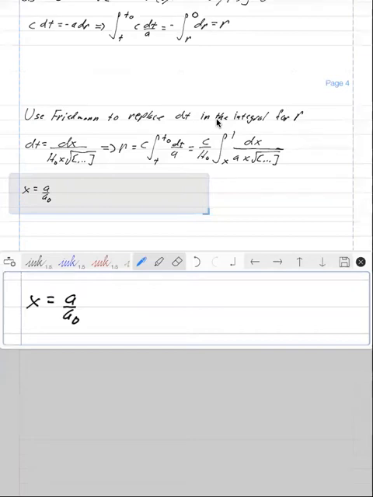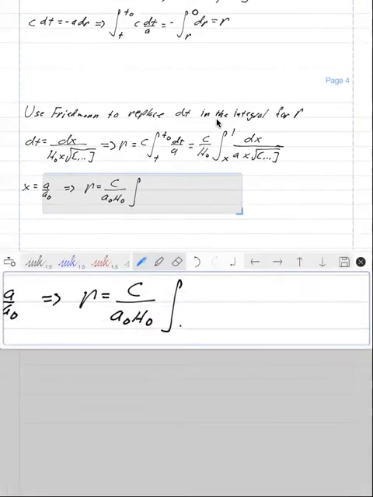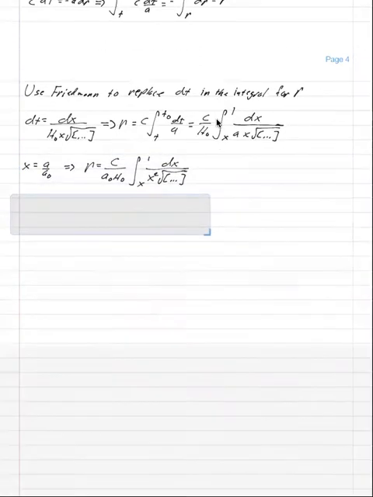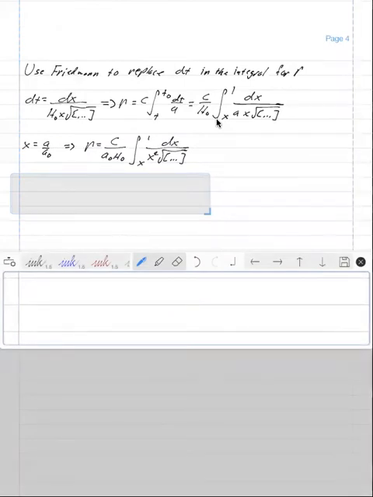So we can plug this in to that up there, and we get that r is equal to c over a naught H naught, integrating from x to 1 of dx over x squared times the square root of the bracket, and that is how we find the co-moving distance.